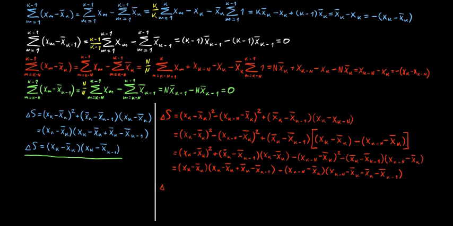So when the window is full, delta S can be written as the current measurement minus the current average times the current measurement minus the previous average, minus the oldest measurement minus the current average times the oldest measurement minus the previous average.